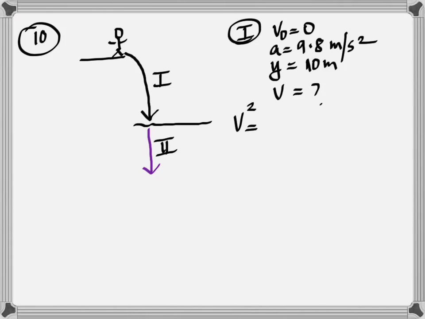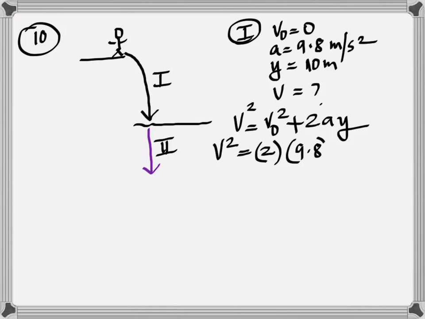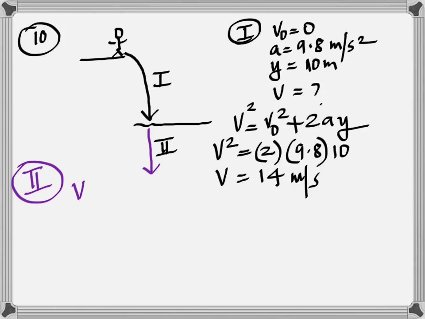Displacement is 10 meter, and you can find the final velocity of case 1. Now this becomes the initial velocity of case 2, because that's the velocity with which the person hits the water. And the final velocity is of course 0.